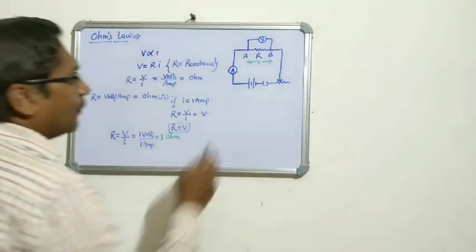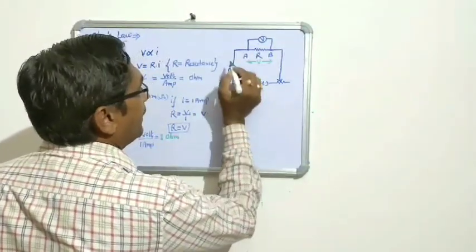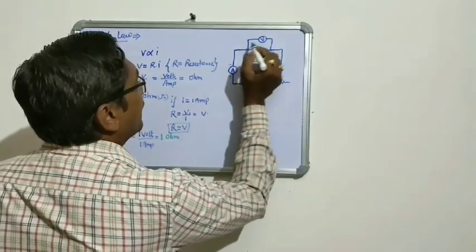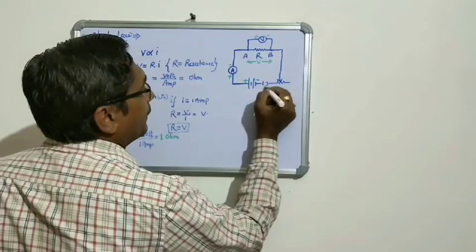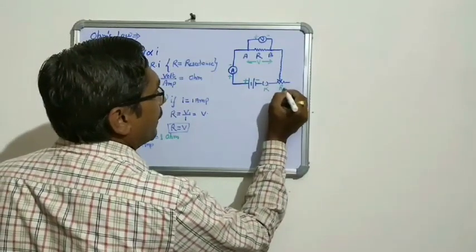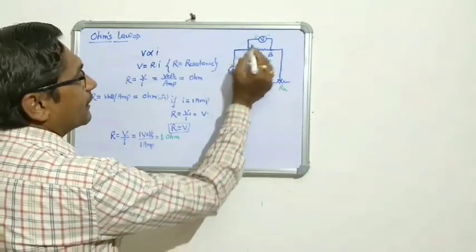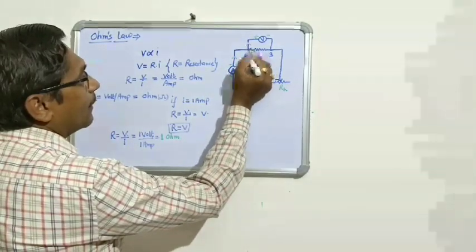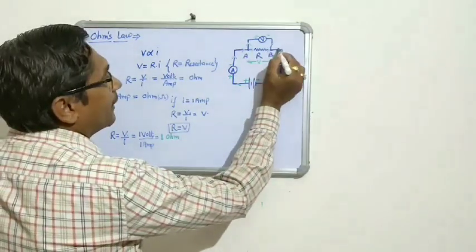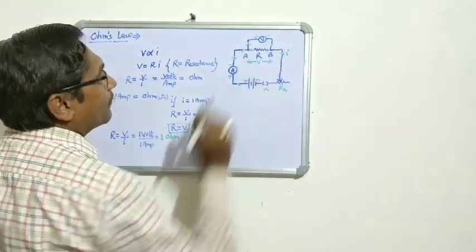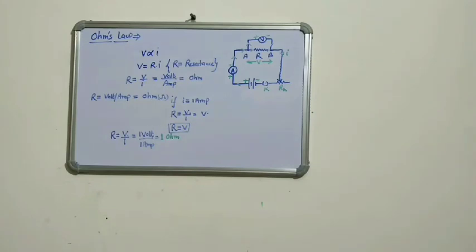So this is a positive terminal, this is a negative, and here is the positive terminal of ammeter, here is the negative terminal of ammeter, here is the positive terminal of voltmeter and negative terminal, and this is the key, and this is rheostat RH. Then the direction of flow of current is in this direction. Now current divides into two parts, and here current I and this current I combine. This is the electrical circuit of Ohm's law.